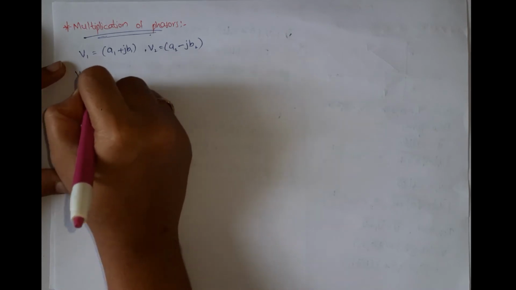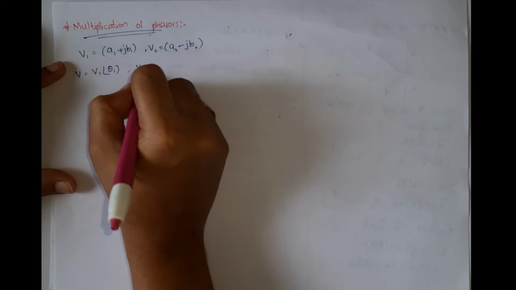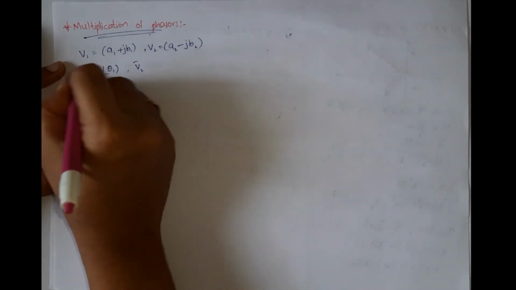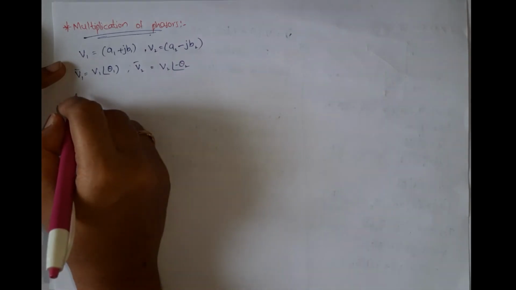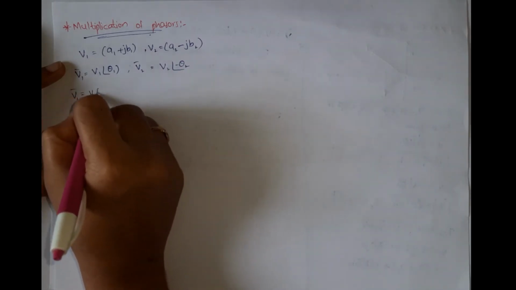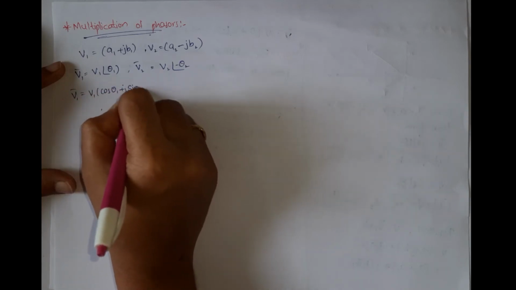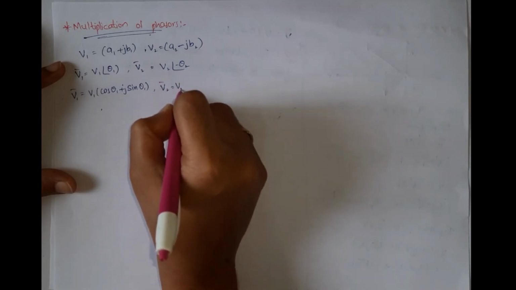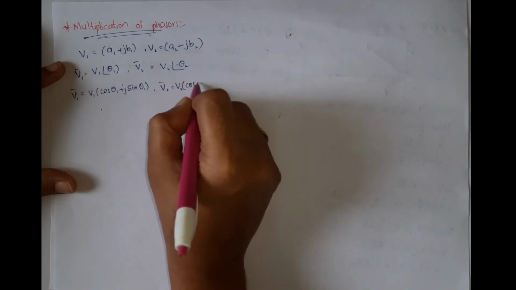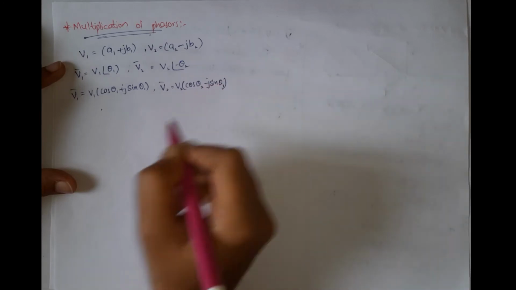So V1 angle of theta1 in polar form and V2 at an angle of minus theta2. Coming to trigonometric form, V1 bar is equal to V1 cos theta1 plus j sin theta1, and V2 bar is equal to V2 cos theta2 minus j sin theta2.